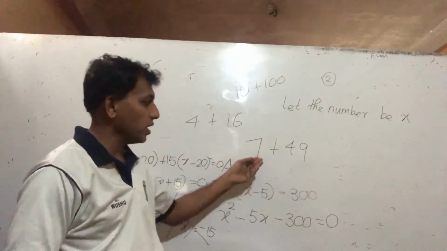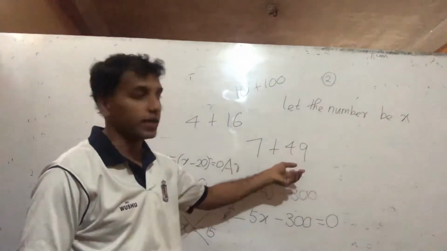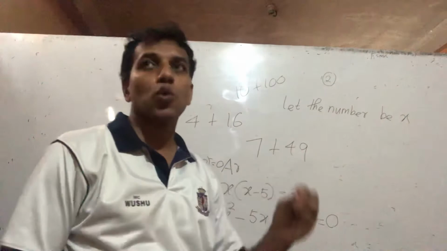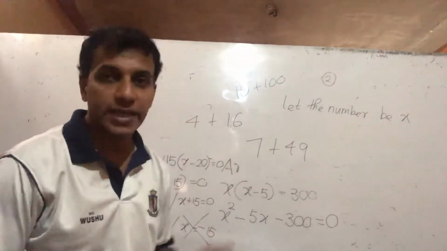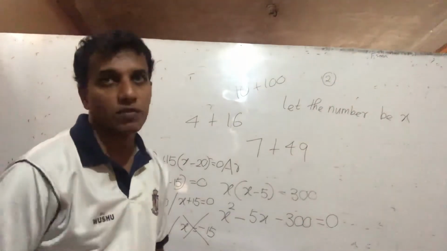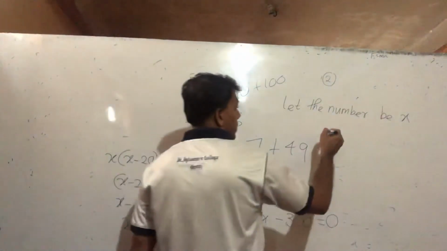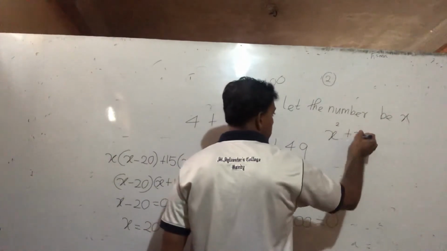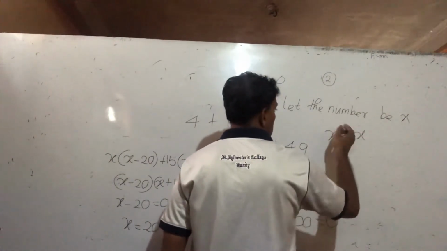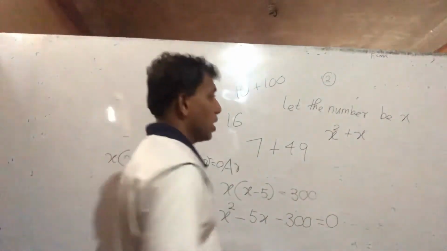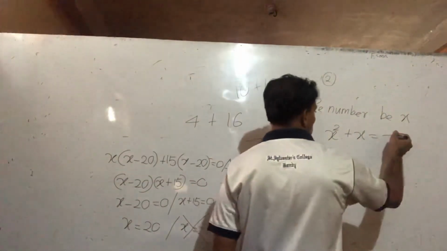If it's 7, add 7 squared, 49. 10 means 100. So a number added to its square. If the number is x, its square means x squared. So add both, answer is 72, right? So I can write like this: x squared and that number added, answer is 72.